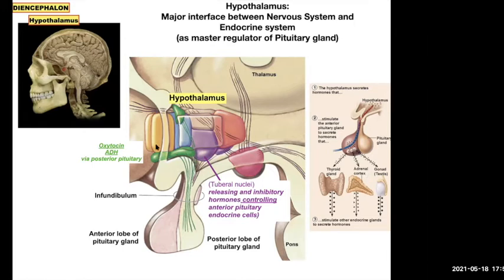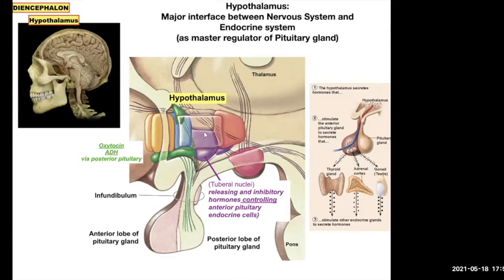And then we had oxytocin, which is a big one when you talk about the reproductive system, and ADH, antidiuretic hormone, which is a big one when you talk about the urinary system and blood pressure. So you're going to run into the hypothalamus again in Bio 145 because of these hormones released via the posterior pituitary.